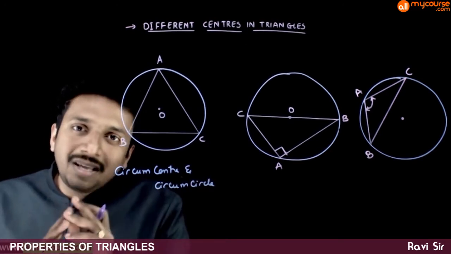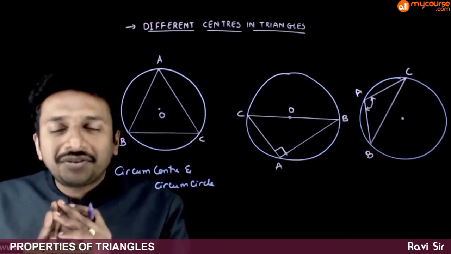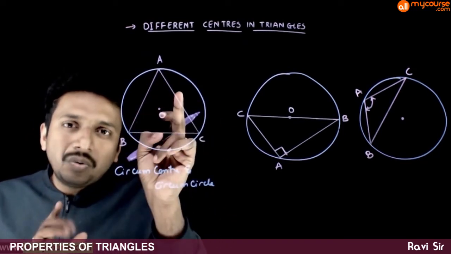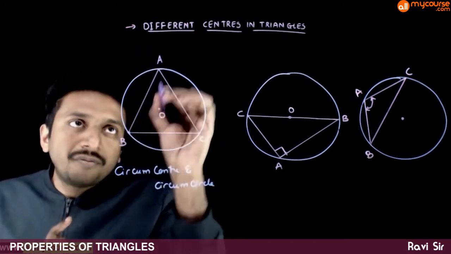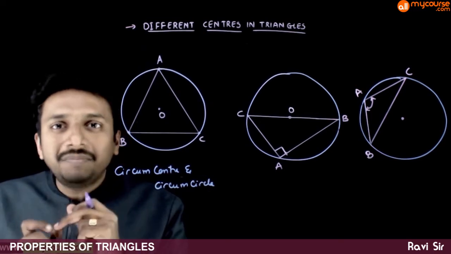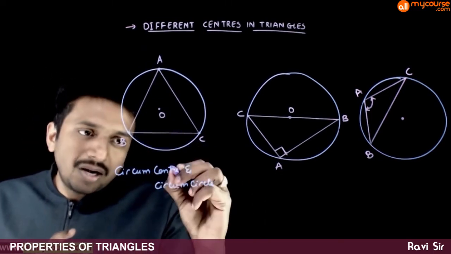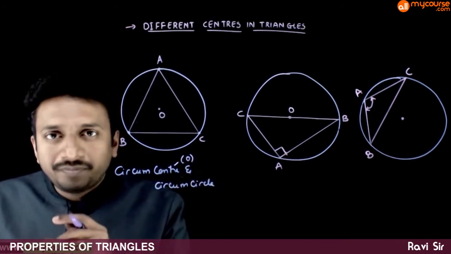A circumcircle is a circle which passes through all the three vertices of a triangle. So if ABC is a triangle, the circle passing through all the three vertices is called the circumcircle, and the center of the circumcircle is called the circumcenter and is usually denoted by the letter O.